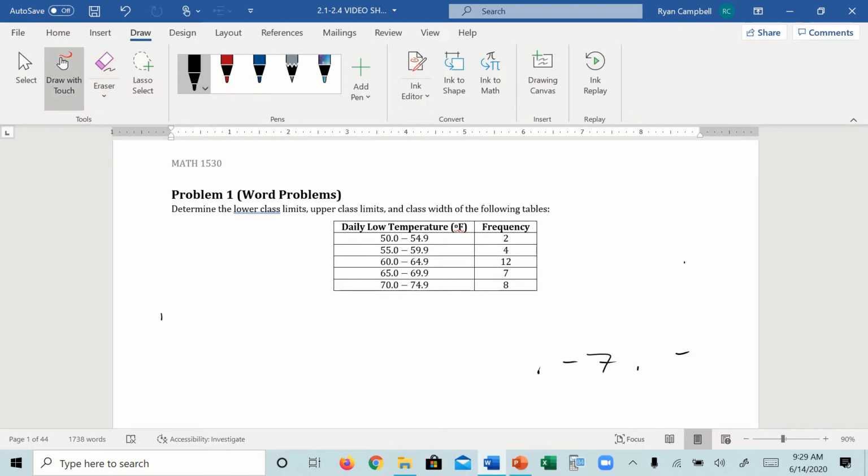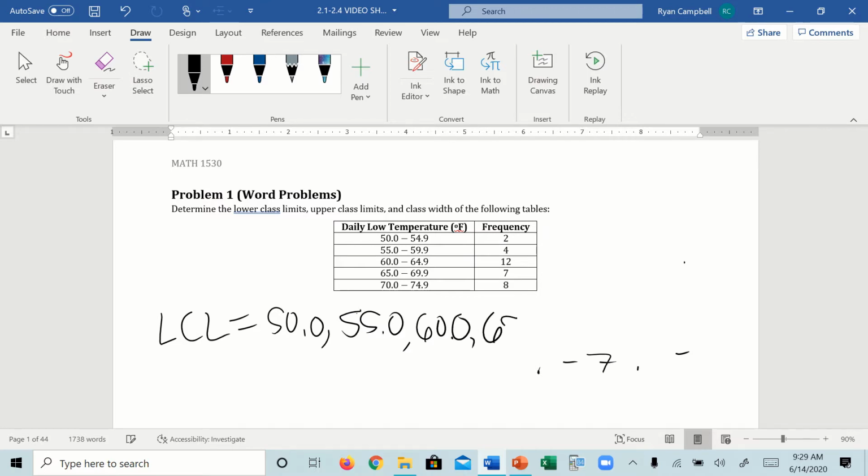So we can see the lower class limits are 50.0, 55.0, 60.0, 65.0, and 70.0. So it's all of these. Remember, it's of each class, right?